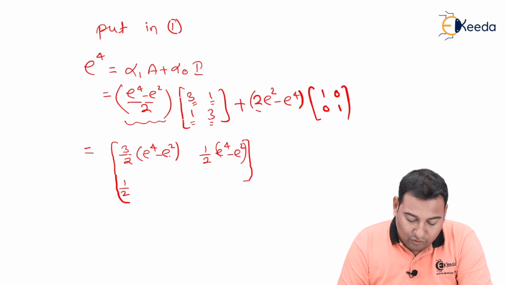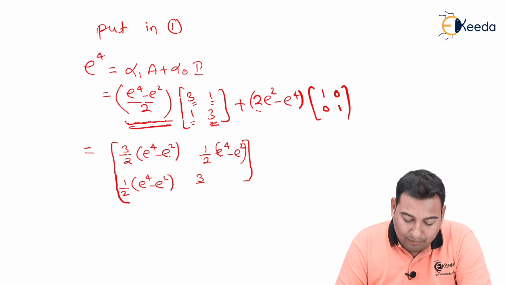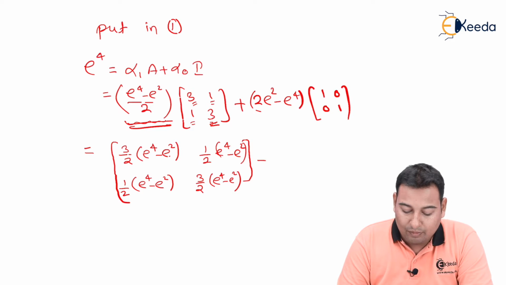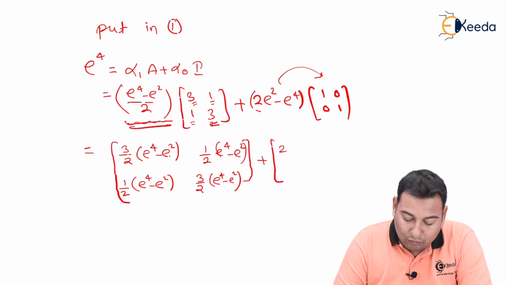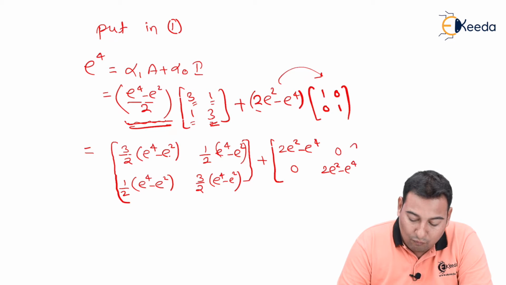Again here 1 by 2 (e raised to 4 minus e square), and here this term multiplied with 3 will become 3 by 2 (e raised to 4 minus e square), plus this will go inside: 2 e square minus e raised to 4, 0, 0, 2 e square minus e raised to 4.